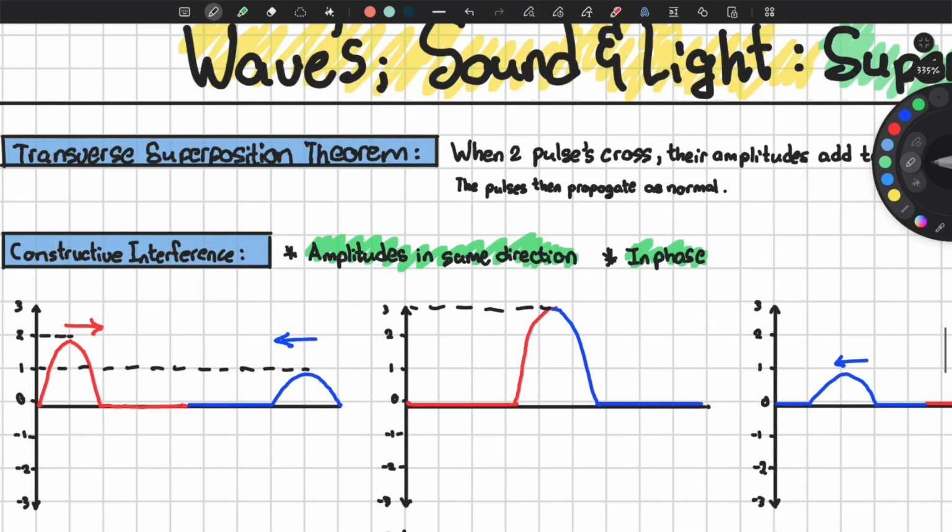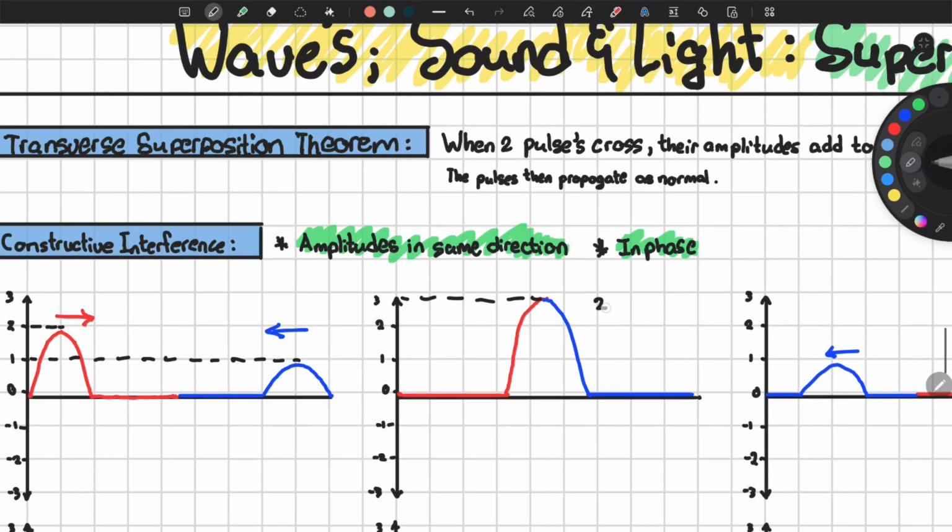On the first diagram, the pulse on the left, the red pulse, had an amplitude of 2. So let's write that down quickly, 2. And the blue pulse, the one on the right, had an amplitude of 1. So we'll add that to 1, and we get a result equal to 3. So if we have a new amplitude of 3, let's check if that corresponds to the created pulse. And what do you know? It does. The amplitude of the newly created pulse is 3.